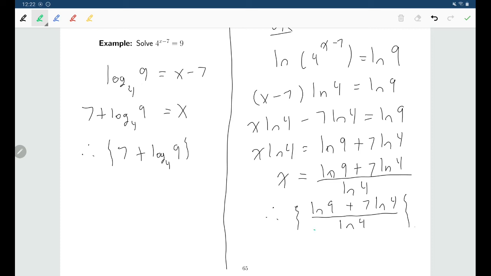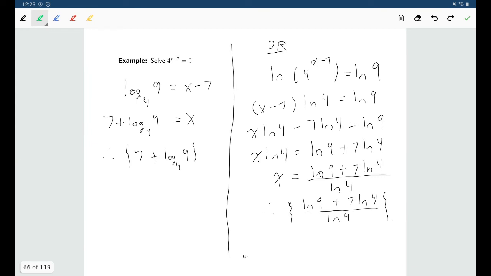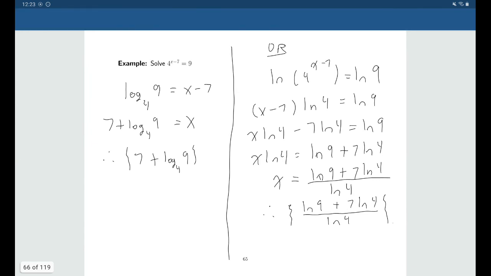This answer, though, is maybe a little bit more useful to us because if we did want to know a decimal value for what x is, since it's already written in terms of natural logs, this would be easy to do. I could just grab my calculator and find out approximately what x is. But either of these would be acceptable answers. If I'm looking for the exact value of x, both of these would be correct answers.